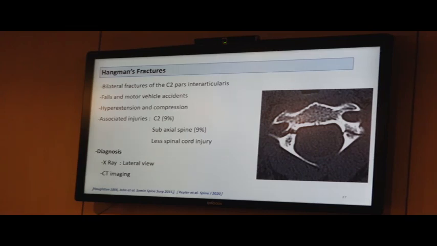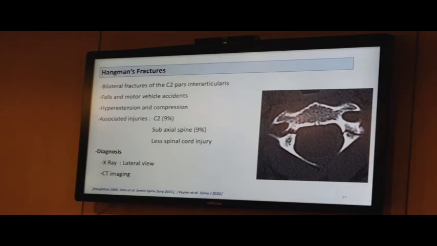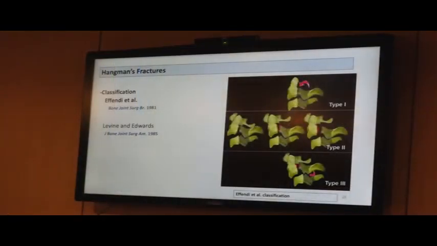Diagnosis of hangman fracture. In the diagnosis, radiographic plans are useful in studying alignment, but are far less sensitive than CT imaging for evaluation of the fracture. According to the classification, the Effendi classification is based on radiographs and clinical course, and this classification has been modified by Levine based on the mechanism of injury.